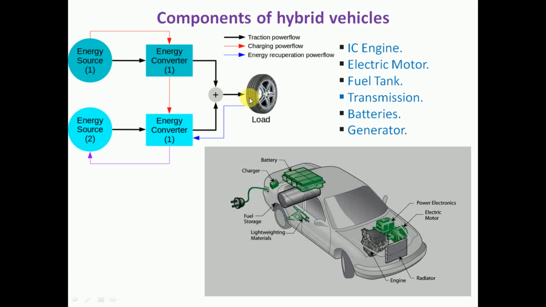Then also from the wheel, the power will be supplied through the generator and through this energy converter again, and the electricity is supplied to the battery to charge it. It will get charged whenever it is running on the internal combustion engine.